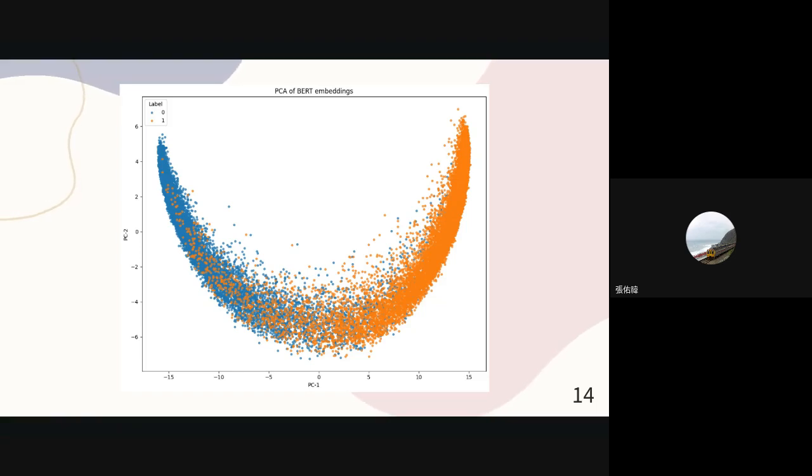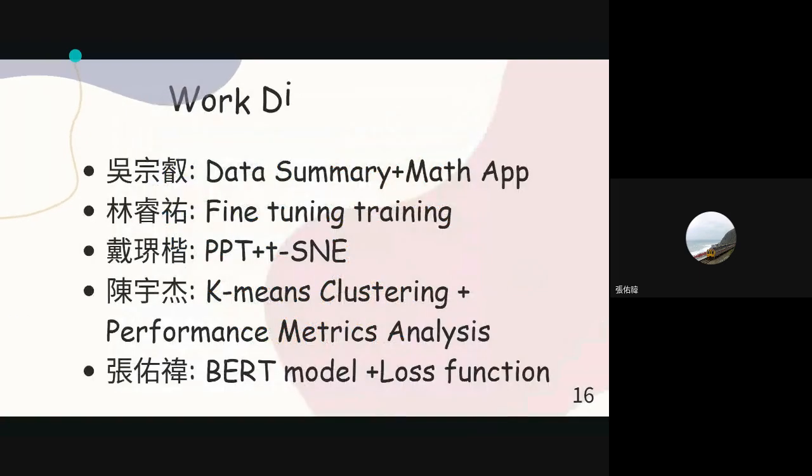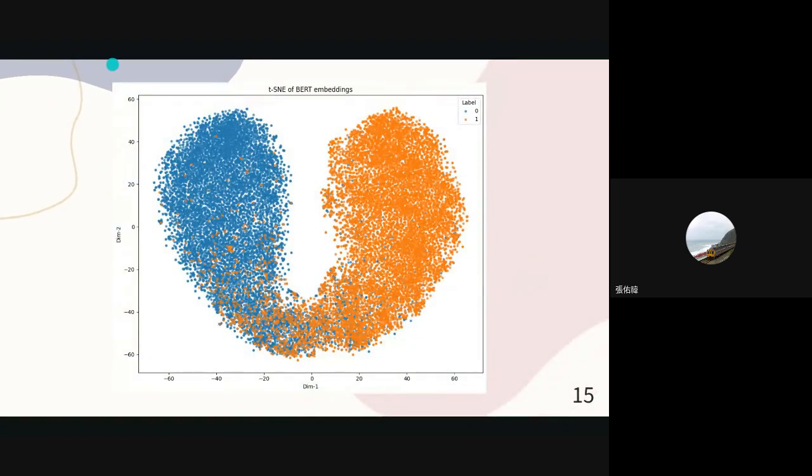The zero or blue dots represent the negative reviews, while the orange ones represent the positive ones. Next slide. This one is the visualization of t-SNE.